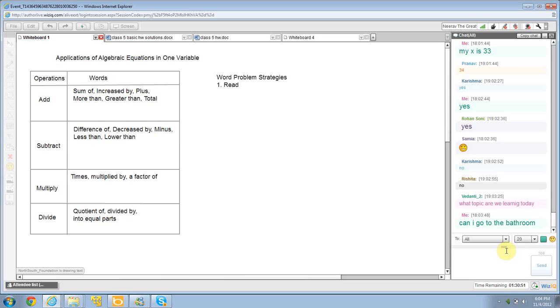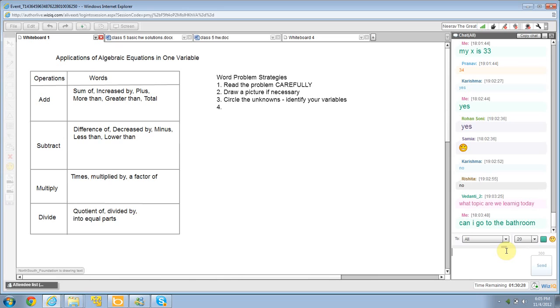Number 1. Read the problem carefully. That's the key word. Read it very carefully. Draw a picture if you want. Number 3. Circle the unknown. So all that means is identify your variables.